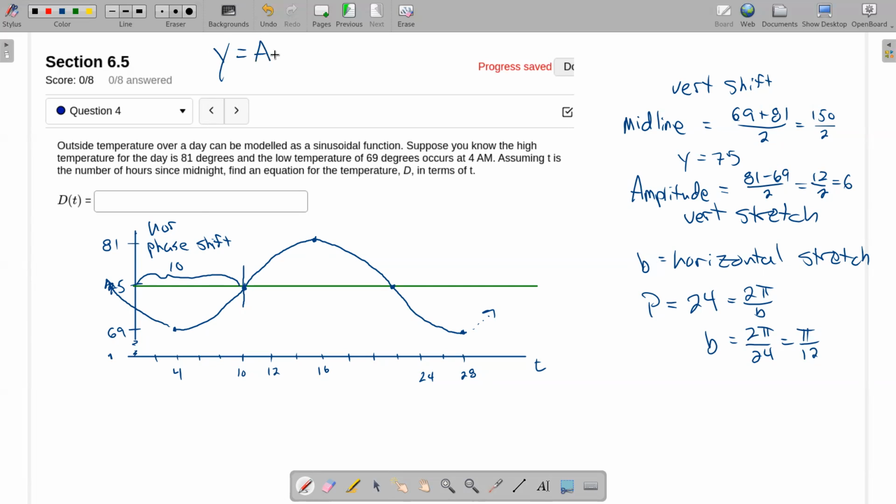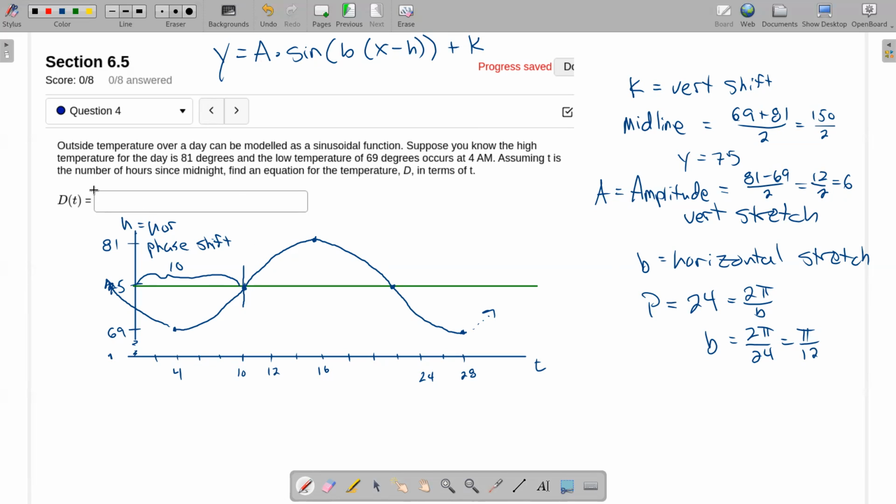So the function I'm looking for is a sine. We have A times the sine of B parentheses x minus h, plus k. So k, that's my midline, my vertical shift. A, that's my amplitude here. And my h, that's the phase shift, my horizontal shift.